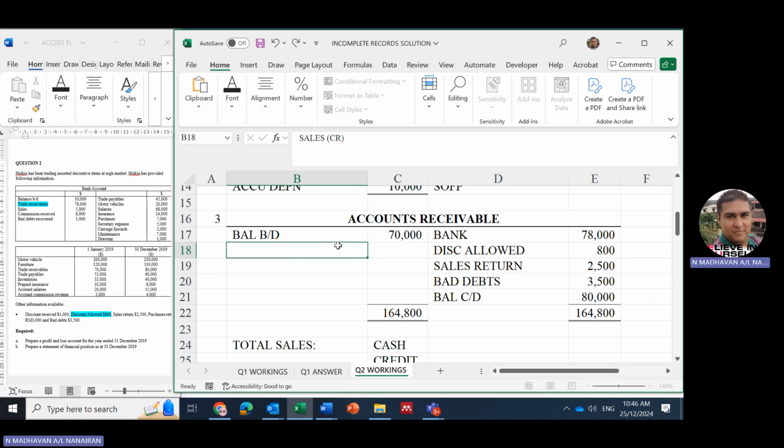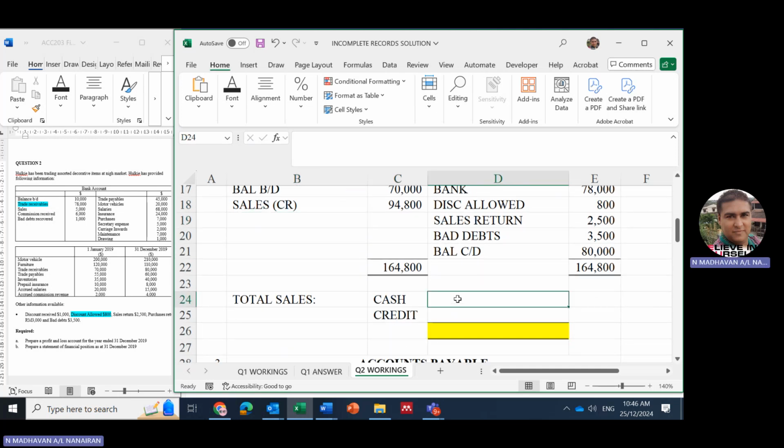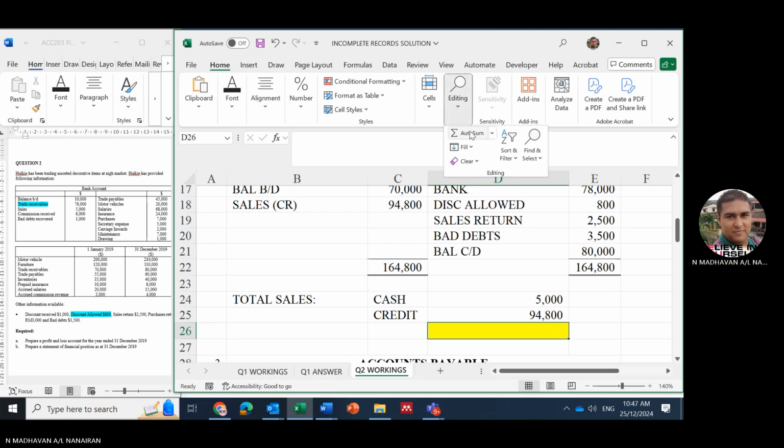Sales on credit becomes 94,800, correct? Okay, good. So any cash sales? 5,000. Credit sales 94,800 equals to. Did all of you get this? 2.5 marks.